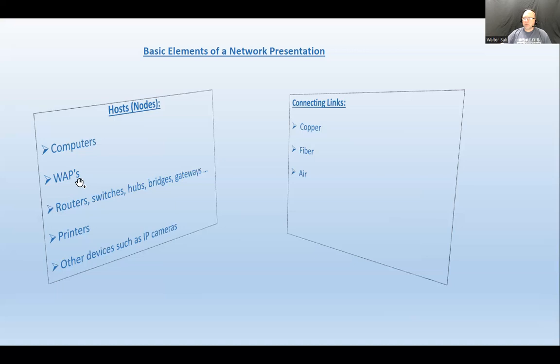We keep talking about that. We all should know what wireless access points are, and as you walk along our school hallways, you should be able to point them out. They're all over the place, right? Routers, switches, hubs, bridges, gateways, and whatnot. So these would be the signal routing devices.